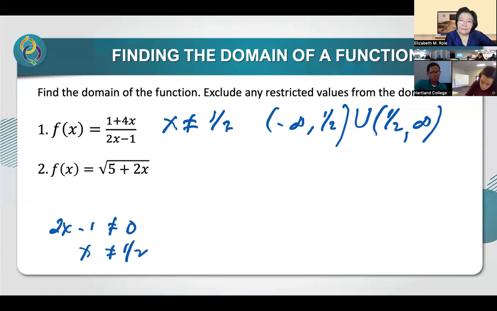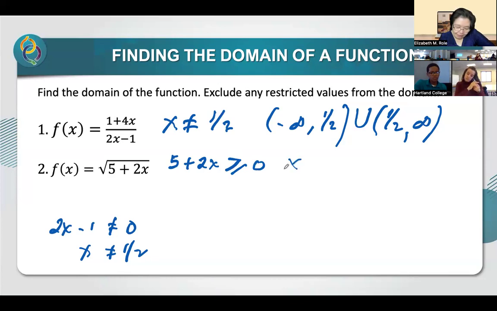So the first step, you would say 5 plus 2x should be greater than or equal to 0. And then solve for x. x should be greater than or equal to negative 5/2.